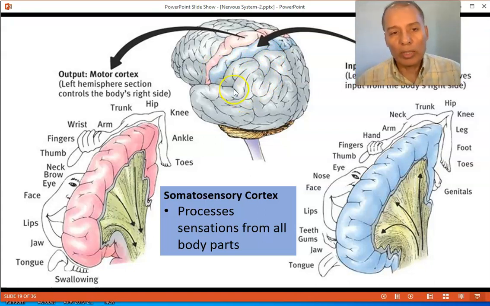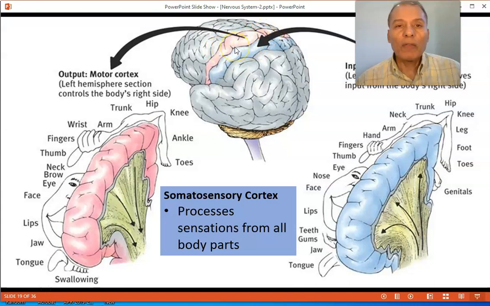The whole cortex. Now, we said that the line between the pink line here, between the motor cortex or the precentral gyrus and the postcentral gyrus, that is the central sulcus or central fissure. That gyrus that lies posterior to the central fissure, that is called the somatosensory cortex. But now go back to the central fissure.